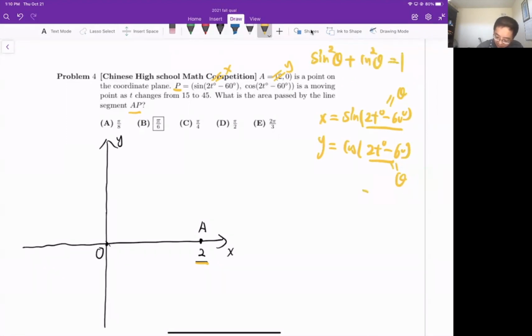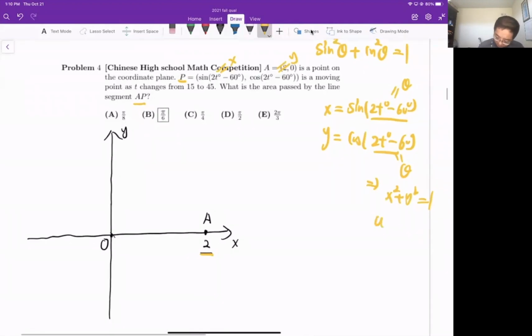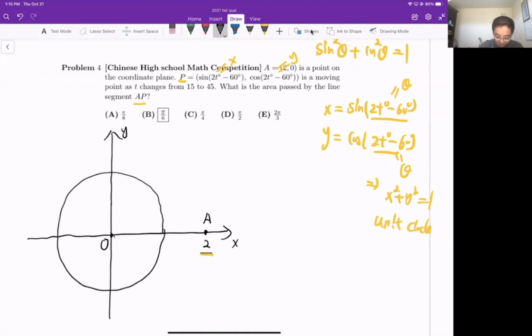So for P, x squared plus y squared is always 1, regardless of what t is. This tells us P is on the unit circle. So let's draw the circle. This is the unit circle, with radius 1.